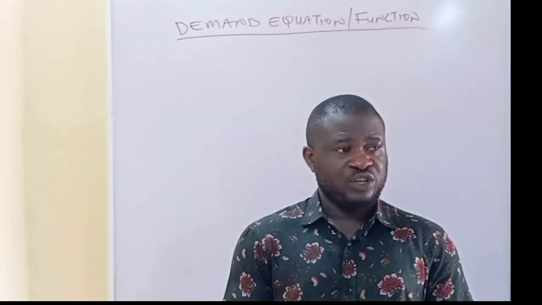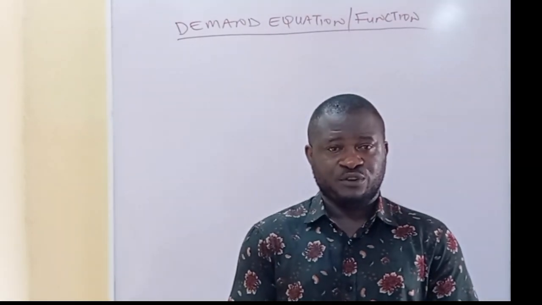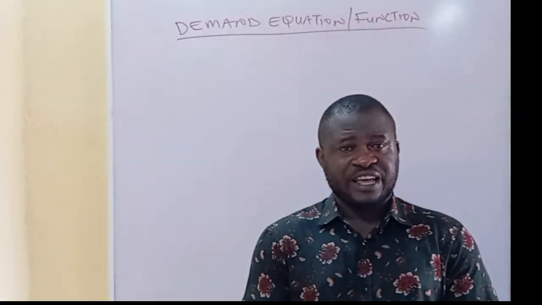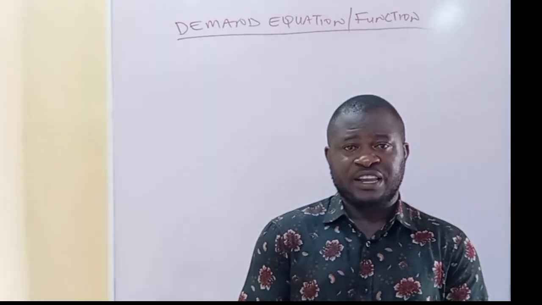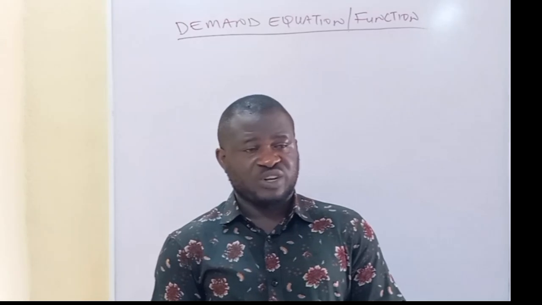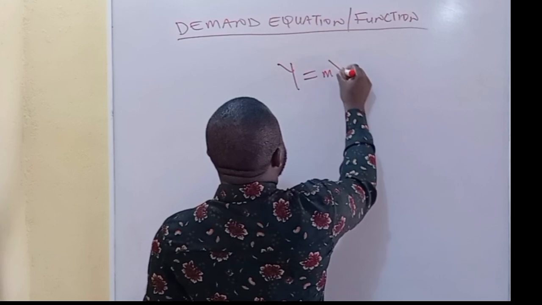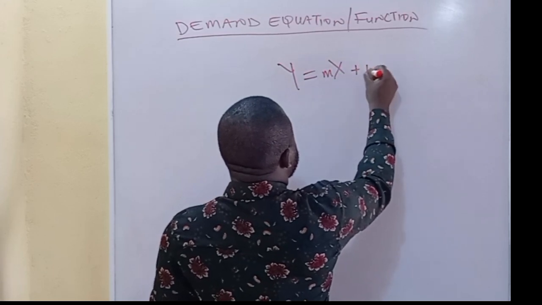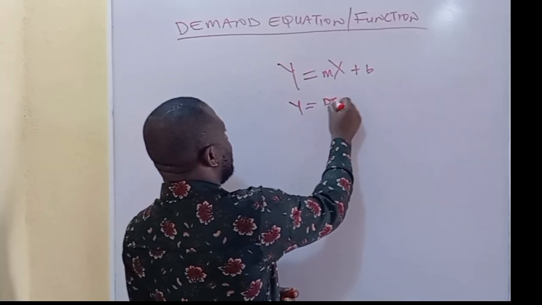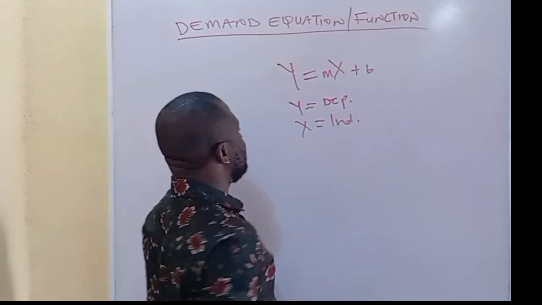To explain the nature of a demand function or a demand equation, we have to take a lead from the equation of a straight line. In the equation of a straight line, we have both the dependent variable and the independent variable. We can express this equation as y equals mx plus b, whereby y is the dependent variable and x is the independent variable.